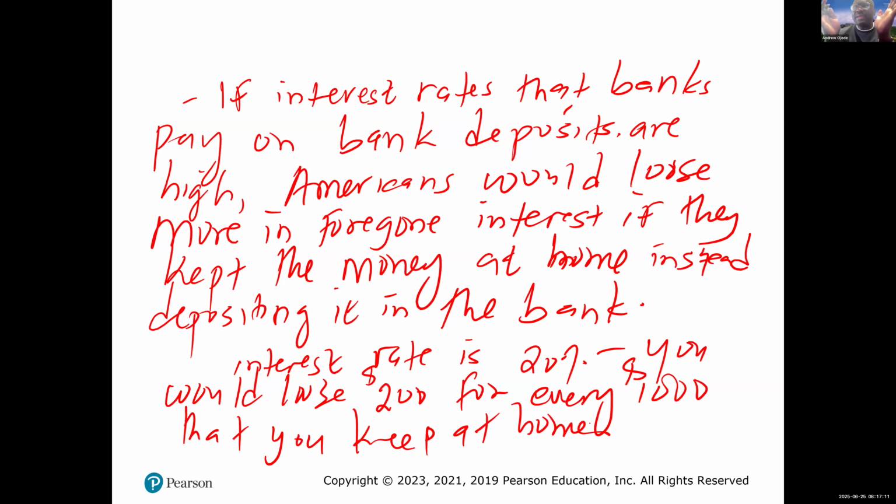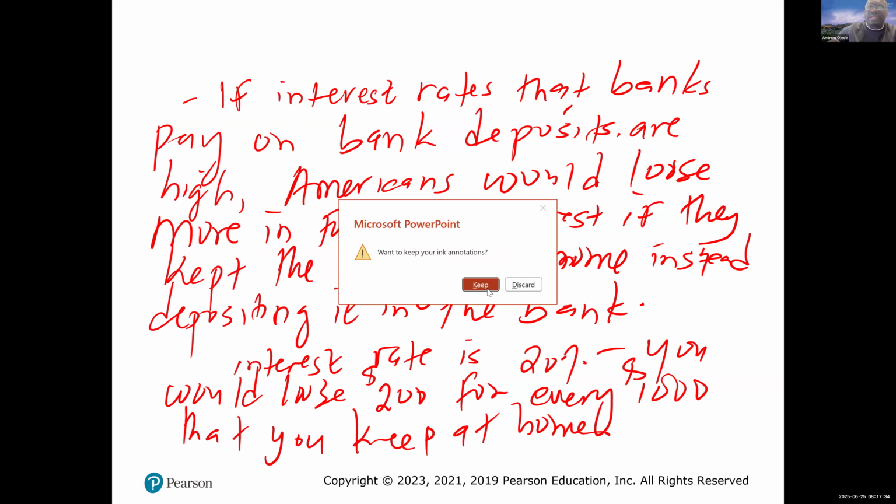Given that background, it seems obvious that Americans will lose a lot of money if interest rates are high and they keep the money at home, because you're not earning interest. It has to be in the bank, or maybe you invest it in bonds. Bonds earn you interest as well. So when interest rates are high, Americans know they're losing a lot of money, and it's not a smart choice to keep money at home.